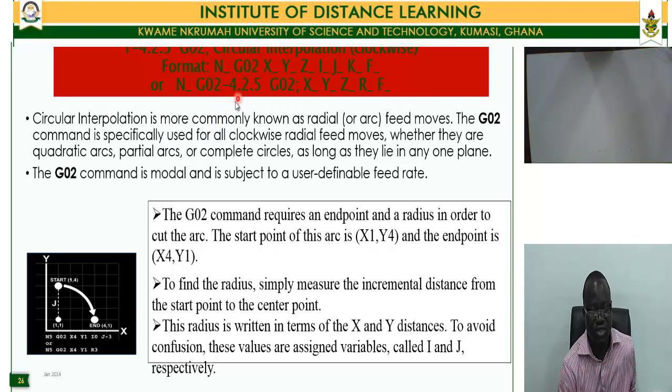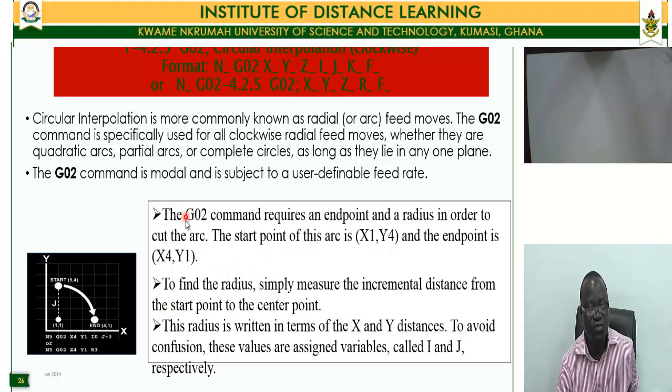But what the G02 actually requires is that if you give the G02 command, it needs an endpoint and a radius in order to cut the arc. If you want to cut an arc, you will have a start position, you will need an end position, and you need the radius of the arc that you are creating.